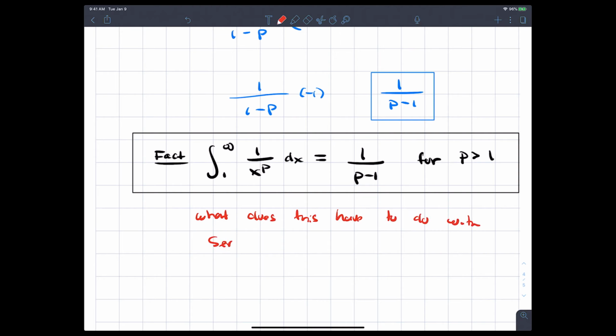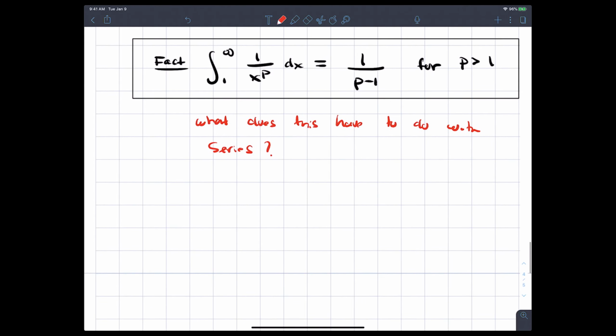with series, right? Well, here's what this means with series. I'm going to give you a definition here. We have a whole class of series that looks like this. 1 over n to the p, where n is 1 to infinity.